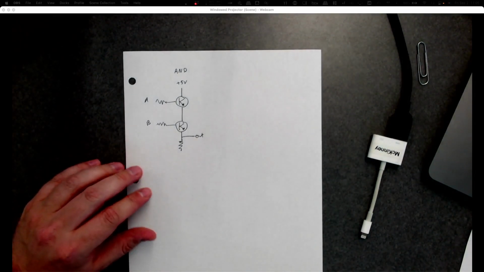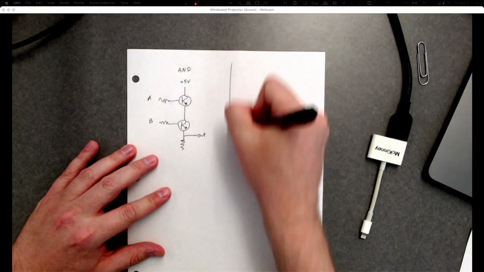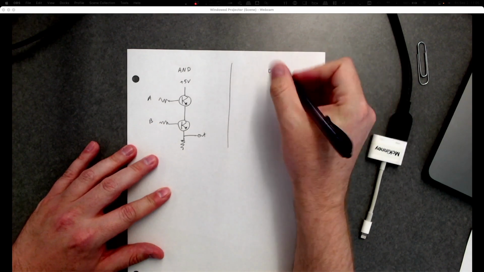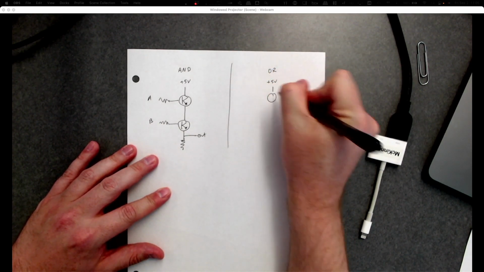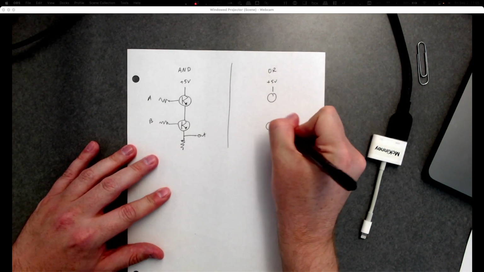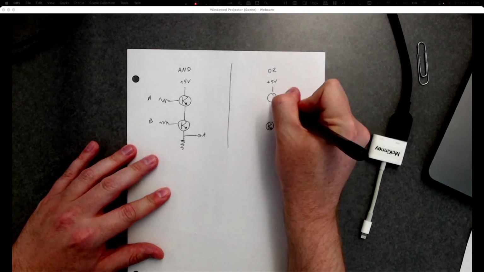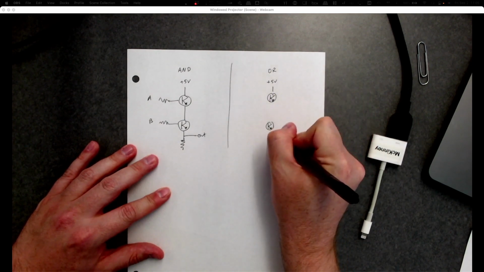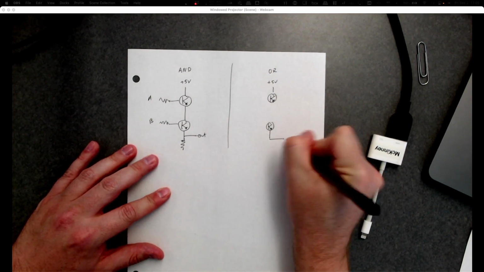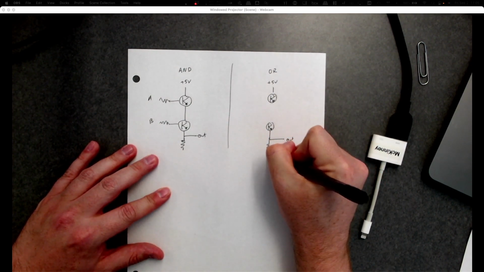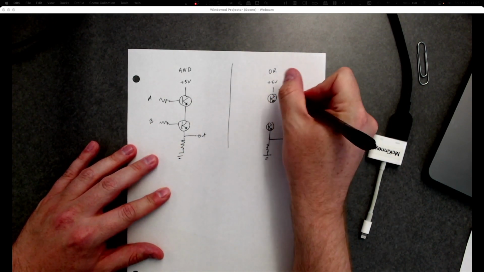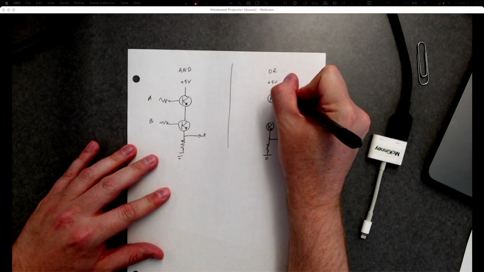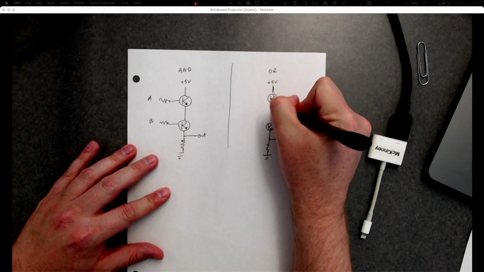So that was our AND gate, and then our OR gate was similar. What was the difference between them? What was different about this part?